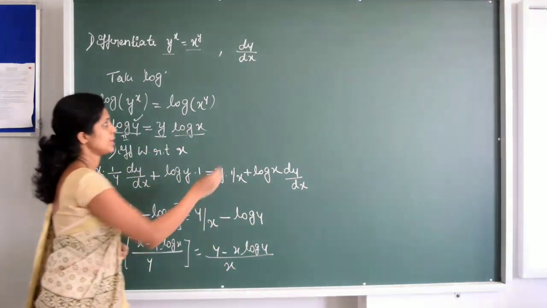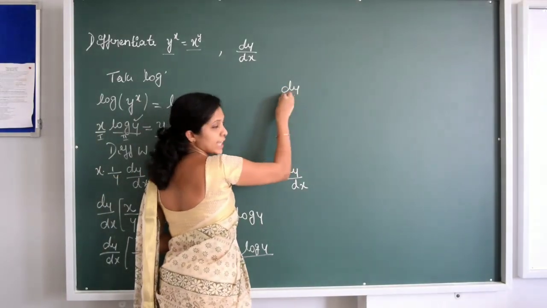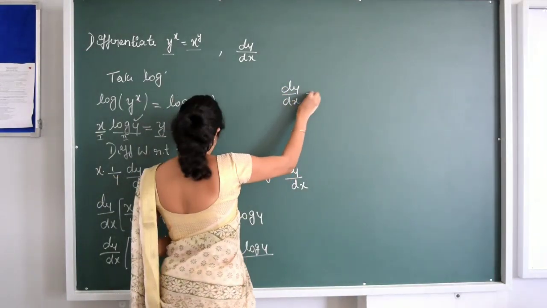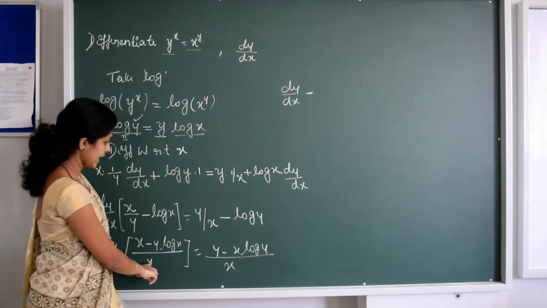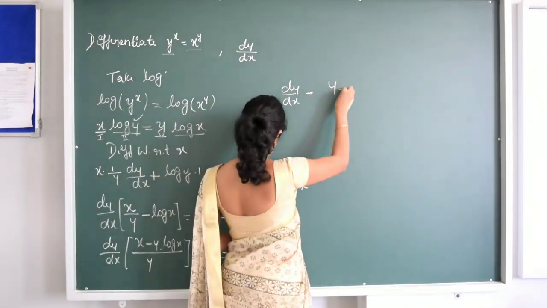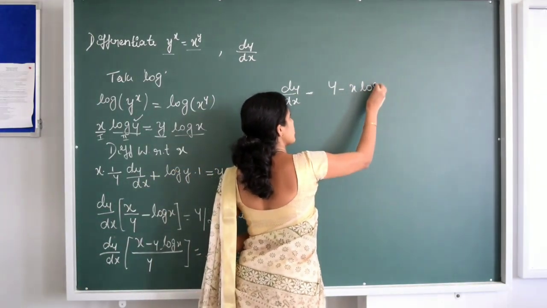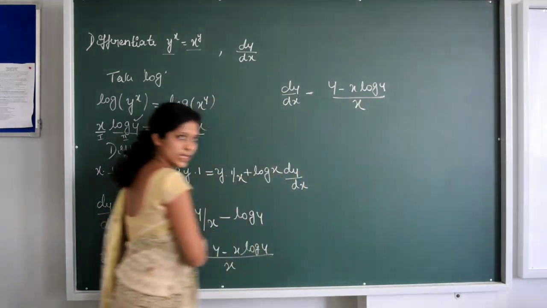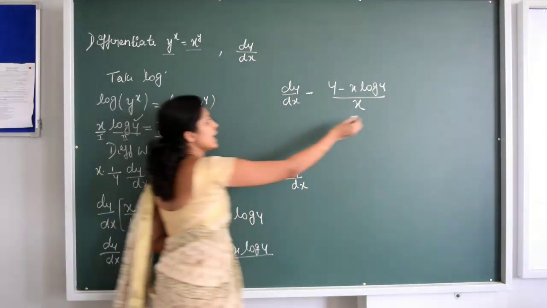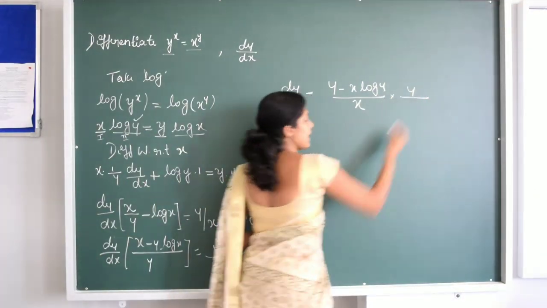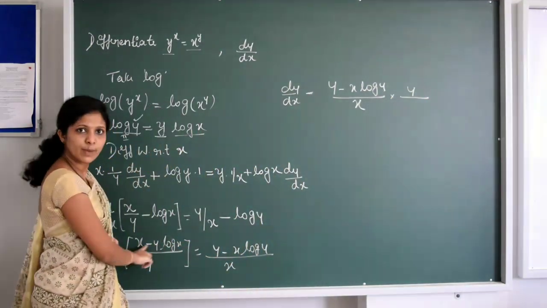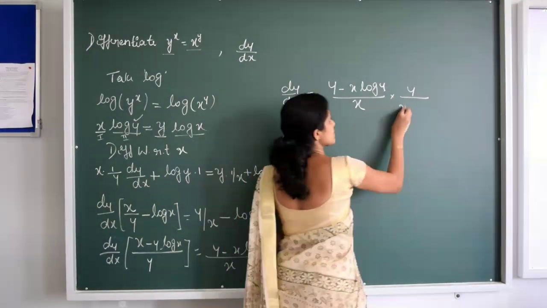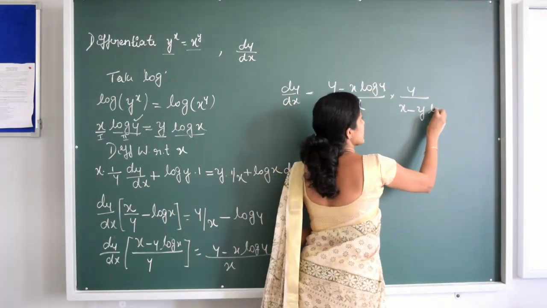So the final answer will be dy by dx equal to, keeping the left hand side as it is, y minus x log y divided by x. Since multiplication is there, when it comes across it will be y divided by the remaining term, x minus y log x.